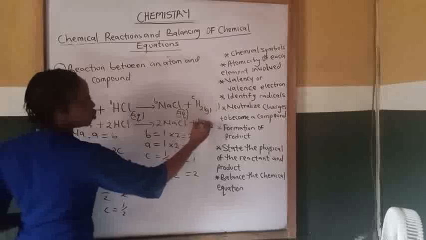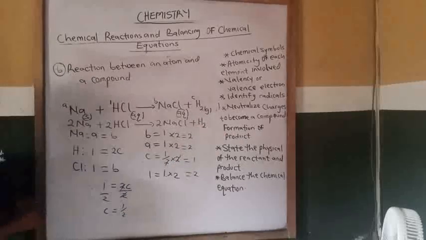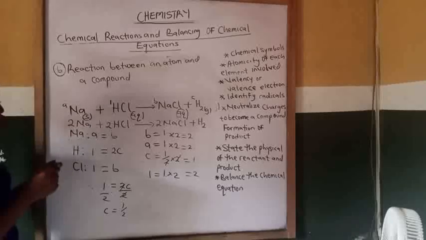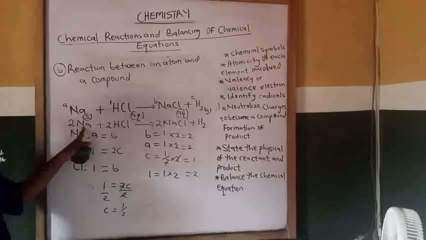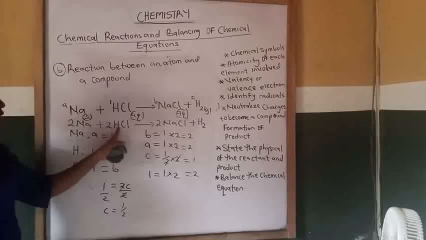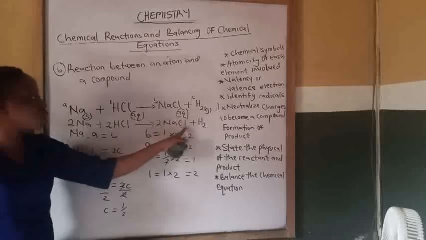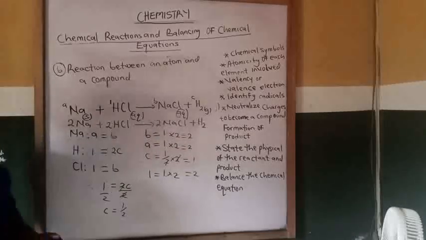So 1 times H2 will give me H2. So let's check if our equation is balanced. So we have 2 sodium at this side, 2 atoms of sodium. So 2 sodium at this side, 2 hydrogen, 2 hydrogen, 2 chlorine at this side, 2 times 1 chlorine. So that's 2 chlorine. Our equation is balanced.